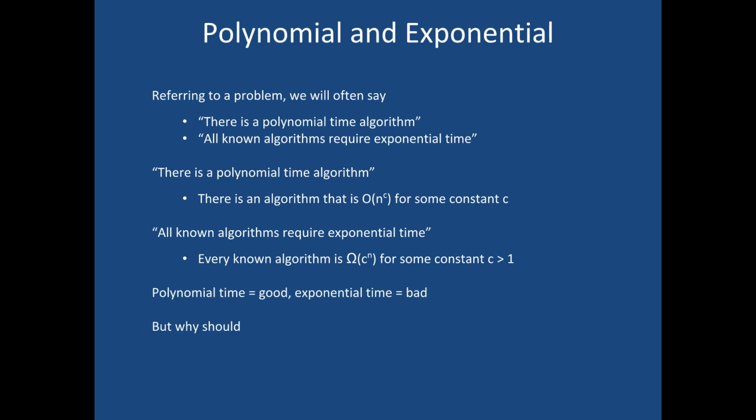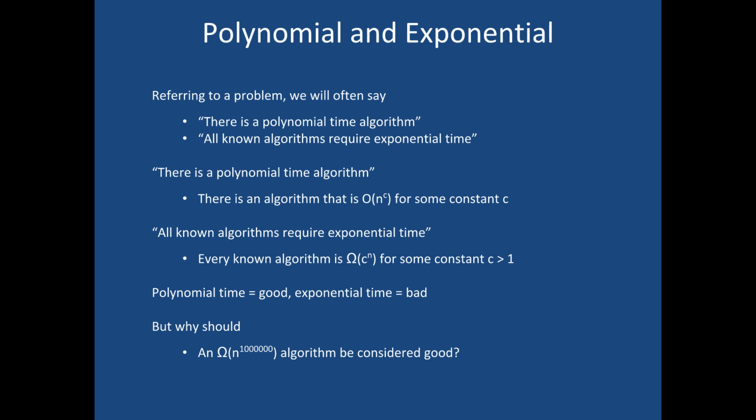But why should we consider that good? Suppose we had an algorithm that was O of n to the billion. That's a polynomial, right? Why is that good?